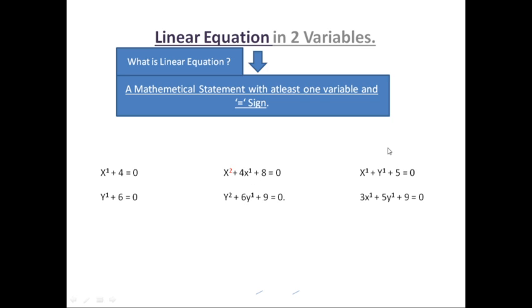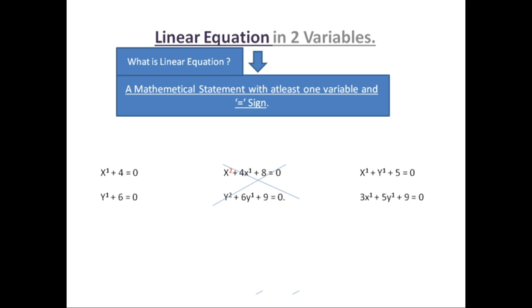But in this case, there are two variables, x and y, and they also have an equal to sign. मतलब equal to sign है तो equation भी बोला जा सकता है. And इनका highest power भी 1 है. मतलब they are satisfying all the conditions, and hence this is the perfect example of a linear equation in two variables. Just observe the animation now.